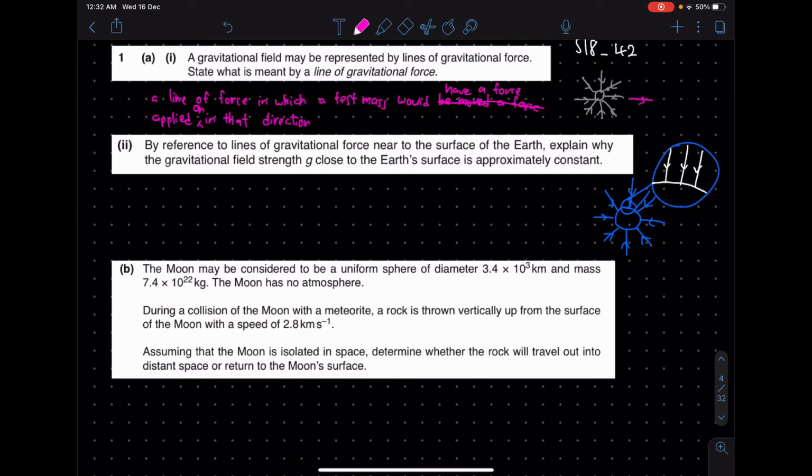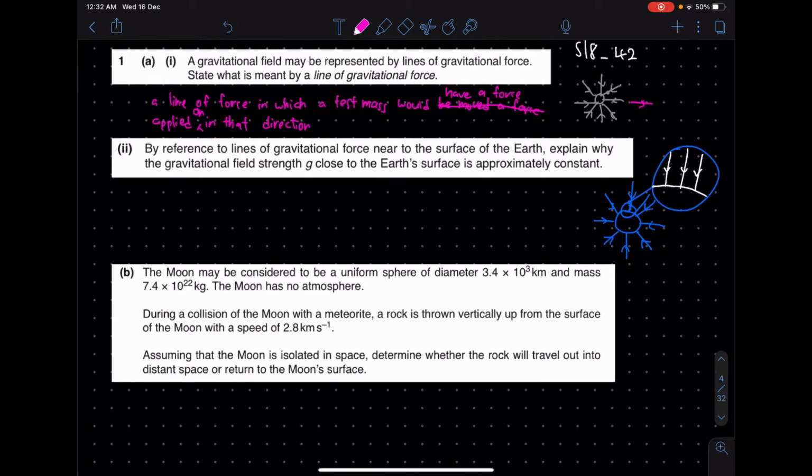Alright, so for this, the answer would be something like, well, we should explain that the gravitational field strength would only be constant near the surface because in actuality, the gravitational field lines are radial.